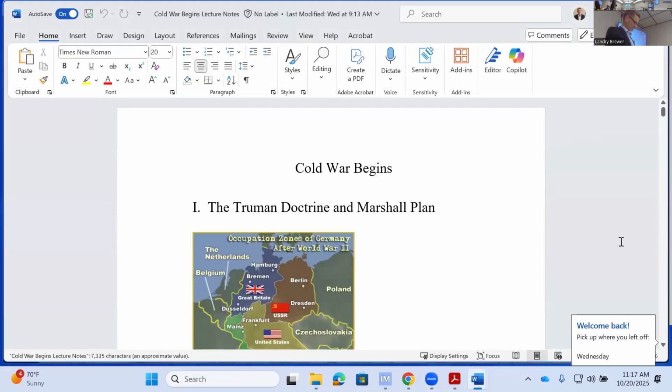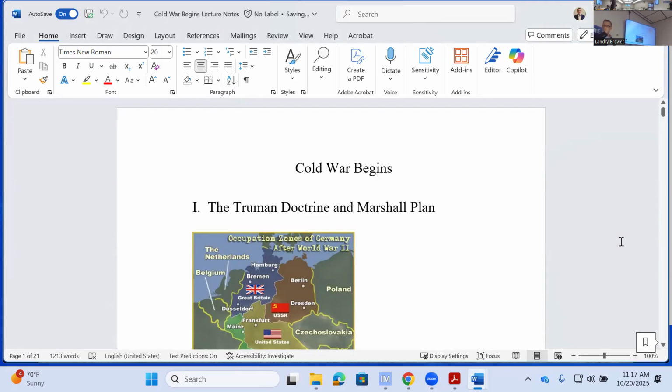All right, next up. World War II ends, and just as soon as World War II ends, a new conflict begins, called the Cold War. An approximately 45-year conflict between the Soviet Union and the communist East versus the United States and the democratic West.